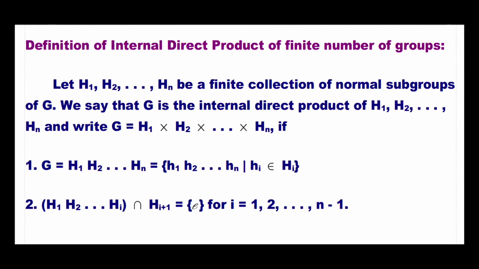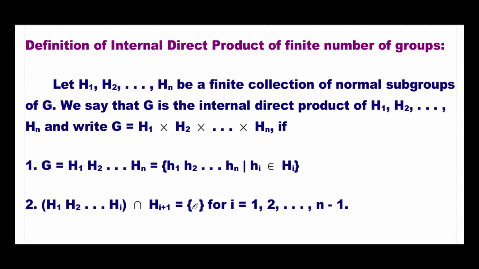Now, let us come to the definition of the internal direct product of a finite number of groups. Let H1, H2, and so on up to Hn be a finite collection of normal subgroups of G. We say that G is the internal direct product of H1, H2, and so on up to Hn, and we write G is equal to H1 cross H2 and so on up to Hn, if number 1, G is equal to H1 times H2 and so on up to Hn, that is equal to the set of n-tuples (h1, h2, and so on up to hn) such that hi belongs to the set Hi.